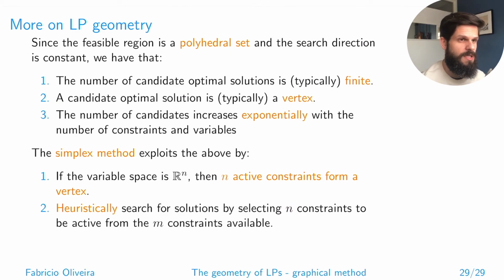If this vertex does not satisfy an optimality condition, is not good enough, I take one of these n hyperplanes, remove it, and pick a new one from the other available ones, and see if this takes me somewhere else. That means I'm jumping from one vertex to another, and since I know my solution is on a vertex, I just keep doing this switch until I find something that satisfies the optimality conditions.